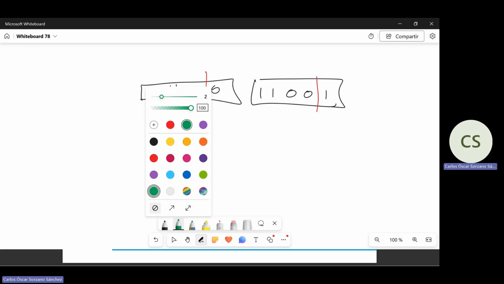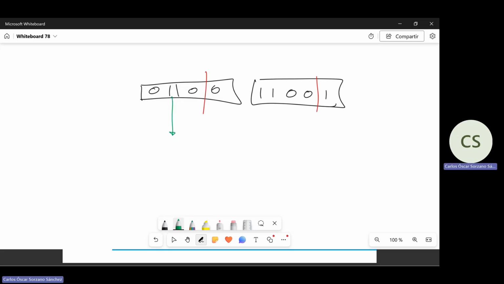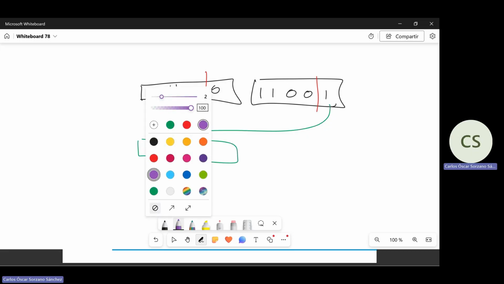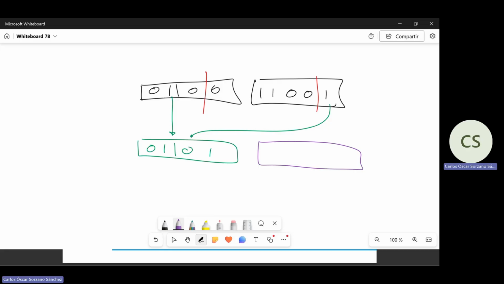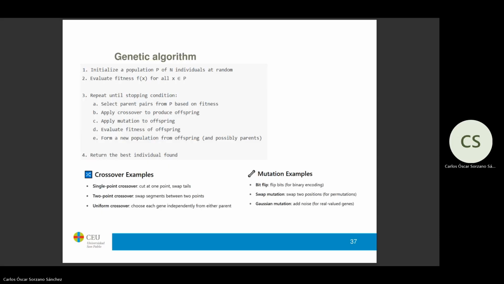One of them takes this part from here and this part from there, so I will have 0, 1, 1, 0, and then the part coming from the other parent. And the other will do the opposite: this part is here, this one is here, so it will be 1, 1, 0, 0, then 0, 0. And this point is at random. That is called single point crossover.